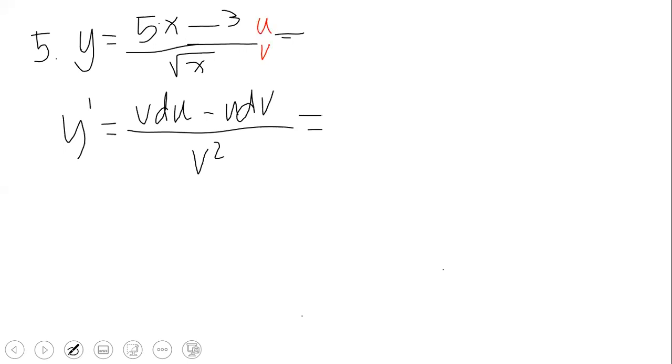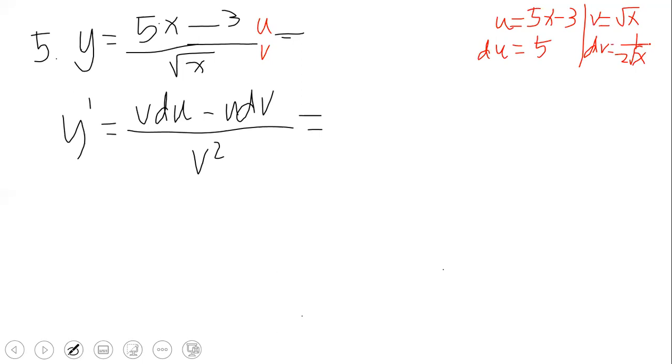Tama po? So differentiate natin ang u which is 5x minus 3, du which is 5. And how about yung v which is square root of x. So dv which is 1 over 2 square root of x.